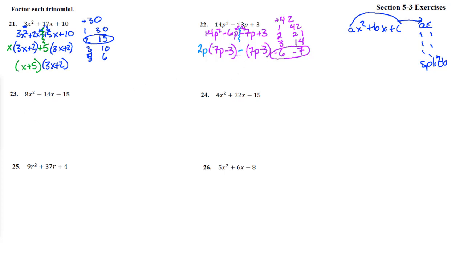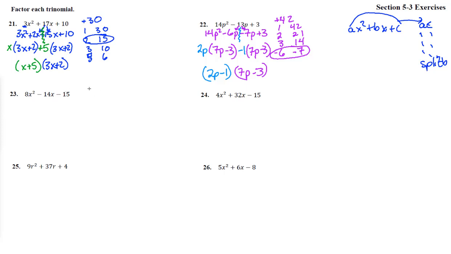Now, if you would like to see that as a minus 1 to help you identify what's happening in the next step, that's great. You can always pull a 1 out of anything, but some of you may not need to put that 1 there. So if we pull out the 7p minus 3 right there, what's left is that 2p minus 1. Excellent. All right, next one.